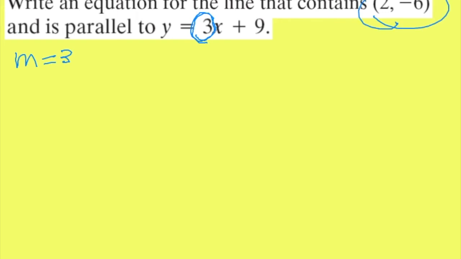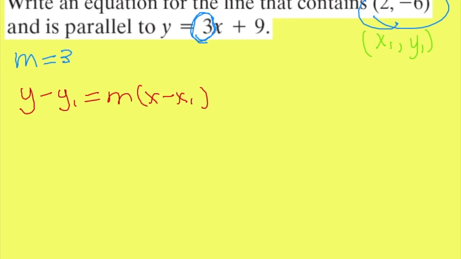So we have the correct information again for point slope form, where this point would be your x1, y1. So point slope form, y minus y1 equals slope times the quantity x minus x1.